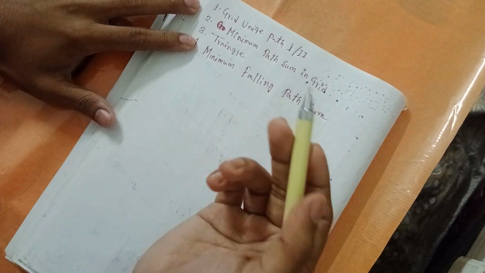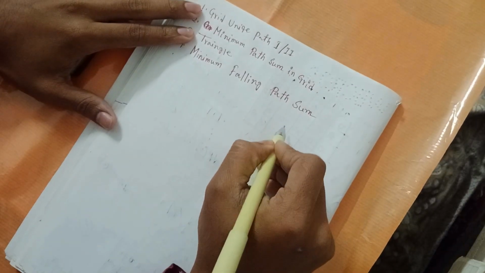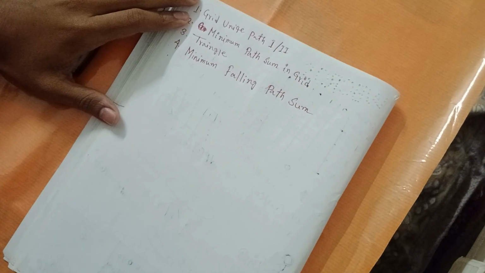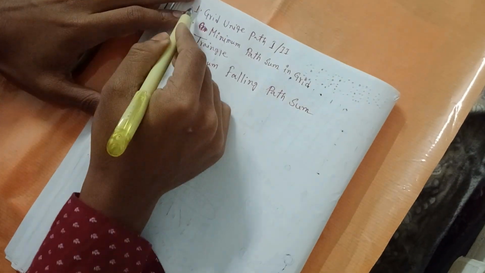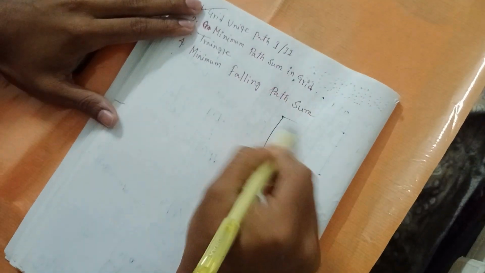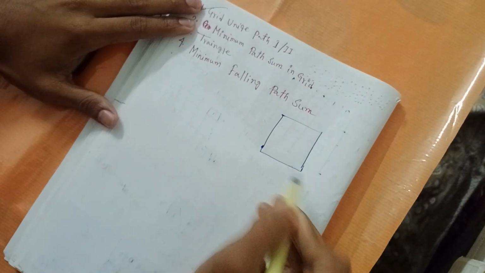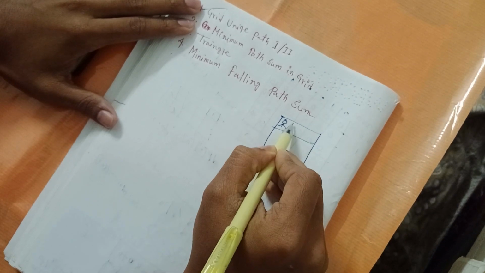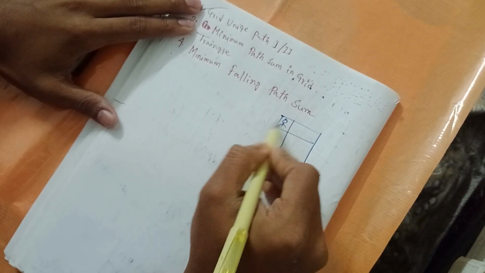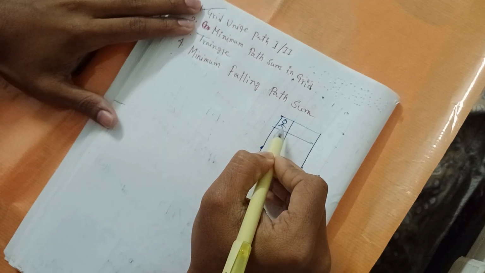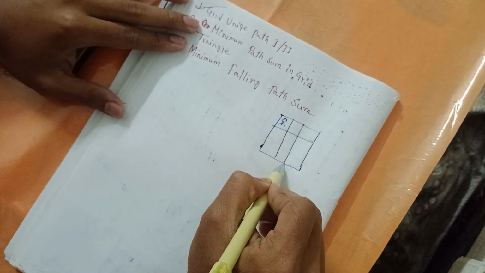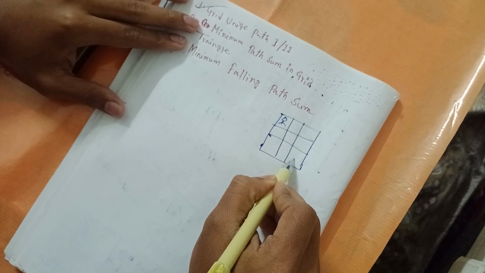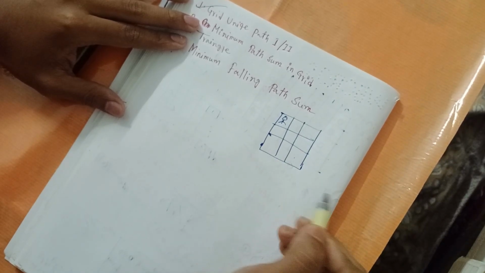So what does the problem statement say? The grid unique path problem says that this is my grid. One man is here, at the top left corner, and he will reach the bottom right corner.